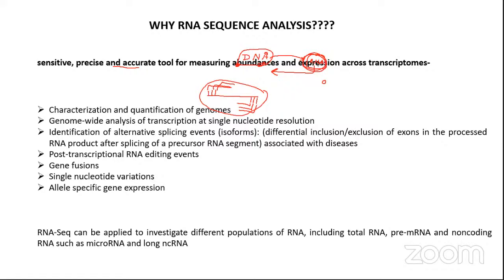And if we find any variation here, we can directly go and check our DNA for that particular variation, whether it is coming from DNA or it is coming during the process of transcription or post-transcriptional modifications or post-translational modifications. But if we start from DNA, it is a bit difficult to infer. So this is the advantage of RNA-seq. We can move in the forward direction towards the protein, and we can go back and infer the information of DNA.